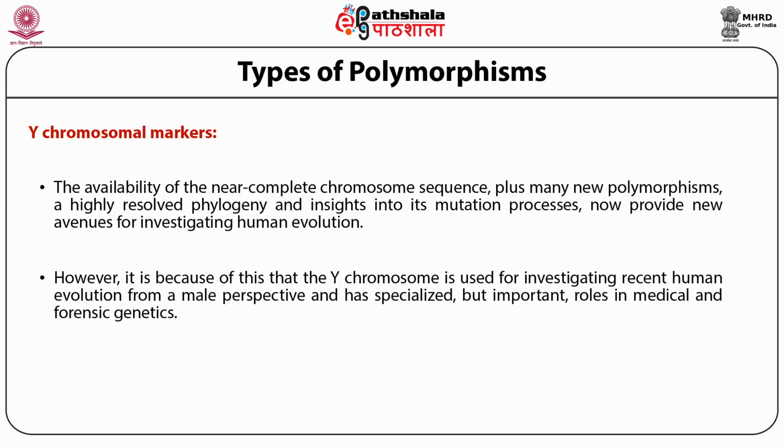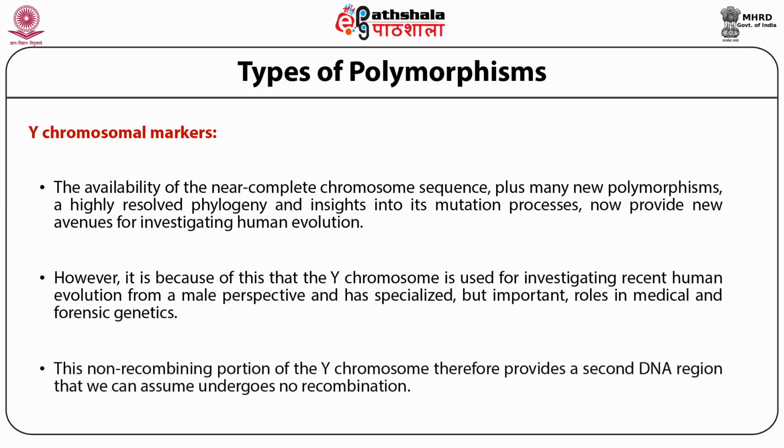While in a small portion of the Y chromosome, the pseudo-autosomal region recombines with the X chromosome, the remainder undergoes no recombination. This non-recombining portion of the Y chromosome therefore provides a second DNA region that we can assume undergoes no recombination.